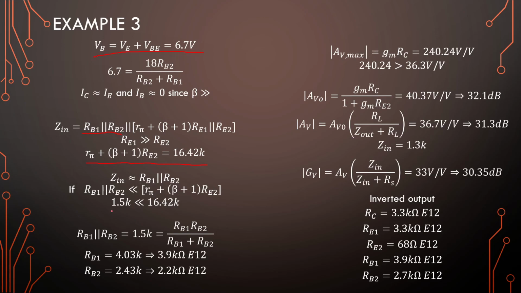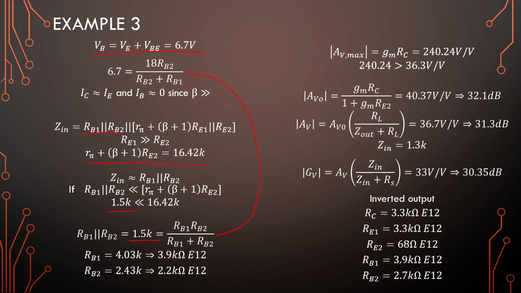And we want our input impedance to be 1.5 kilo ohms. There is a factor of 10 difference between the two, so I am going to use this approximation of Zin being approximately equal to the parallel combination. So in this case, we can use this. It just removes a lot of the maths for us. And always remember that we can rewrite the parallel combination to be RB1 RB2 over RB1 plus RB2, which will make it easy for us to use these two equations together.